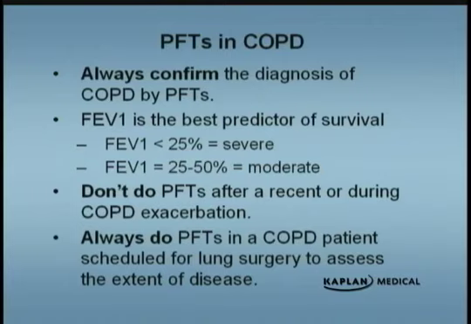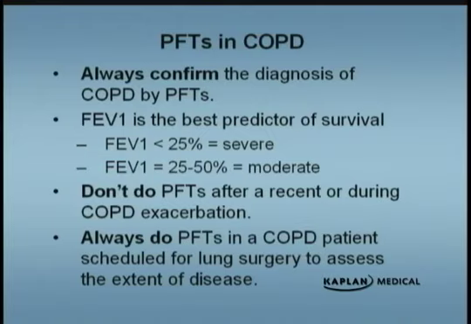Scheduled for lung surgery, to assess the extent of disease. Remember, we started this talk with the pulmonary function test and saying a lot of patients with lung disease, when they go for surgery, take a patient with cancer, they're smokers, so they have COPD. What do you have to do before you decide on surgery? Well, you have to do pulmonary function tests.